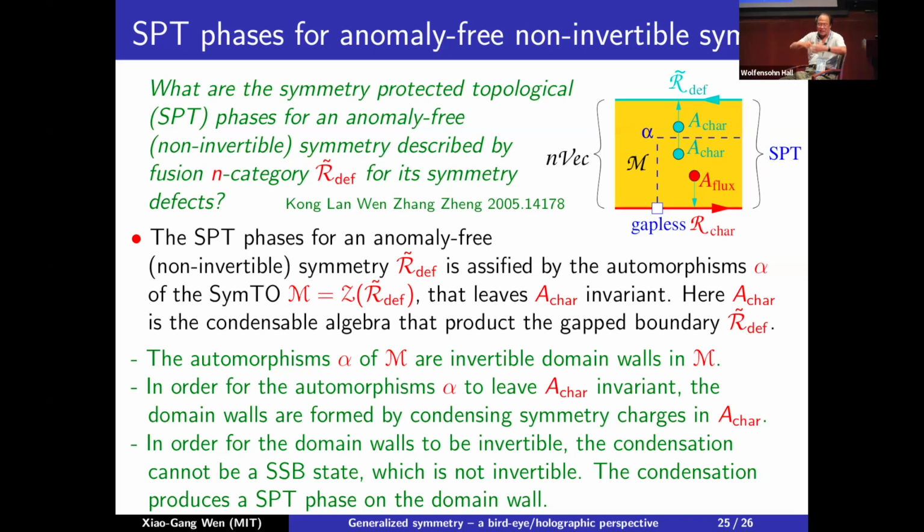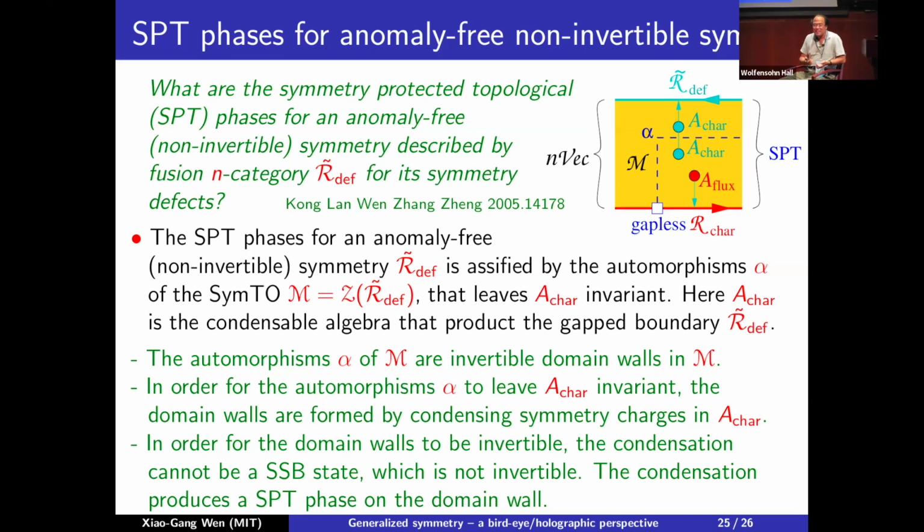So, the SPT of a fixed symmetry. Requiring that the automorphism leave this algebra unchanged is like saying we fix the symmetry. So the automorphisms of the bulk SymTO that fix the condensable algebra which produces the symmetry defect category classify SPT states. This is one way to look at SPT states.